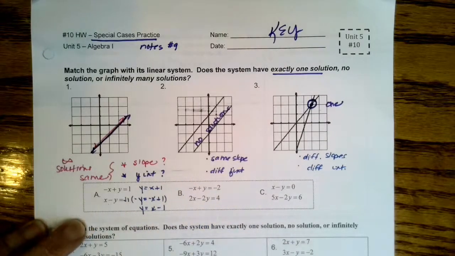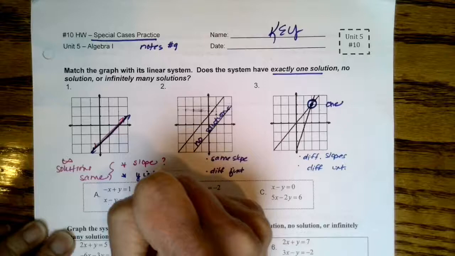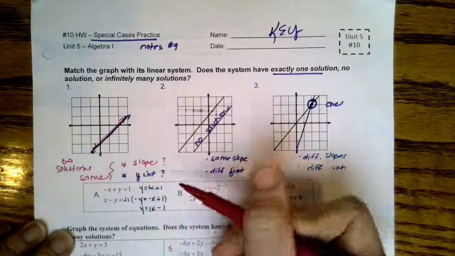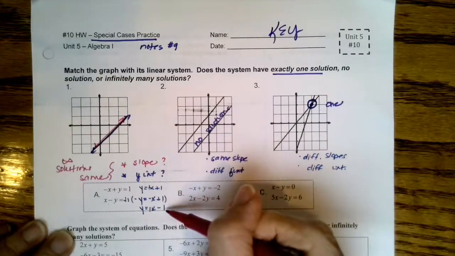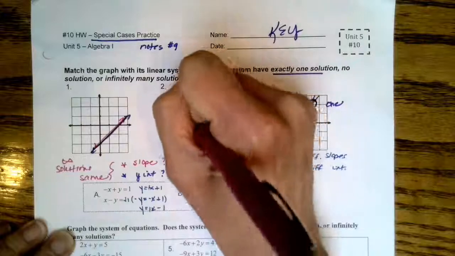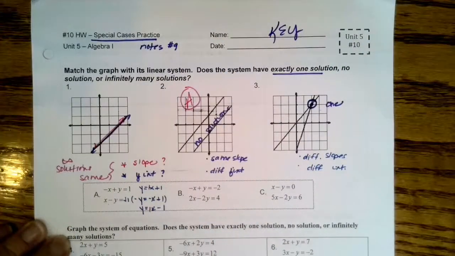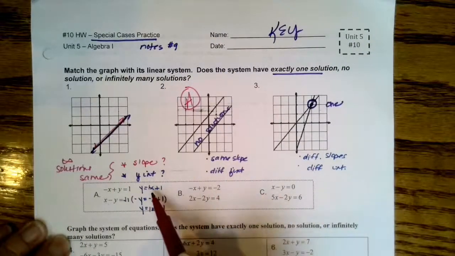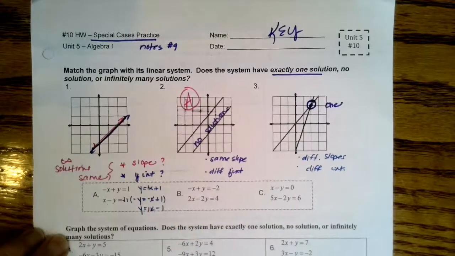So if you look here, my slope is 1 and my slope is 1. My intercept is positive, this intercept is negative. That means that this is letter A. Same slopes, 1 and 1, different intercepts.